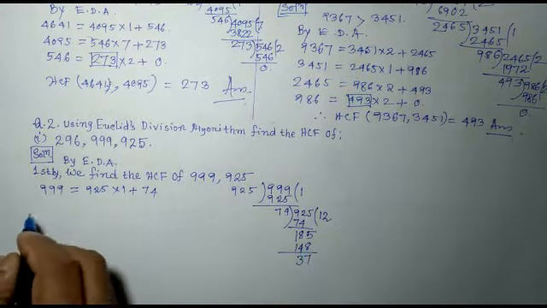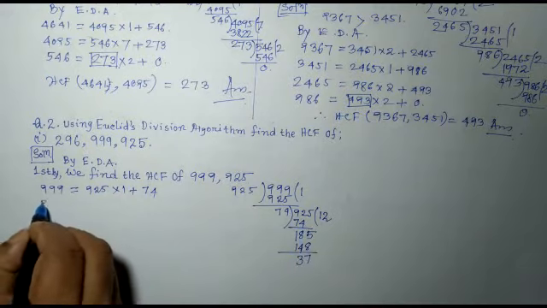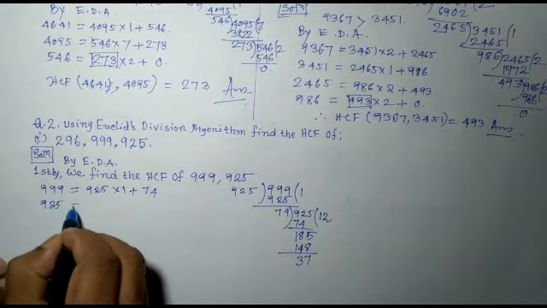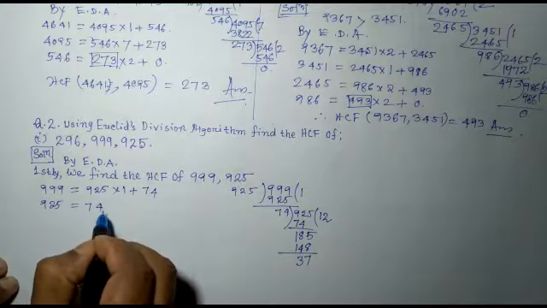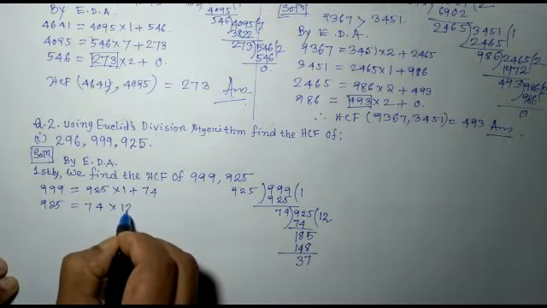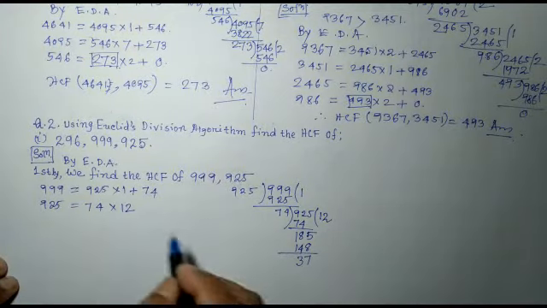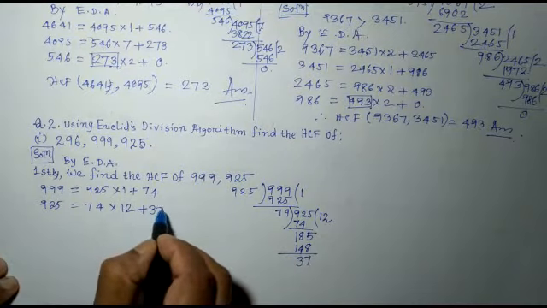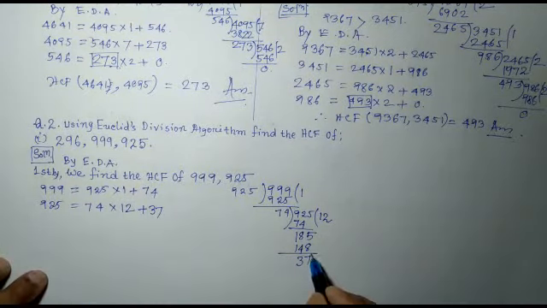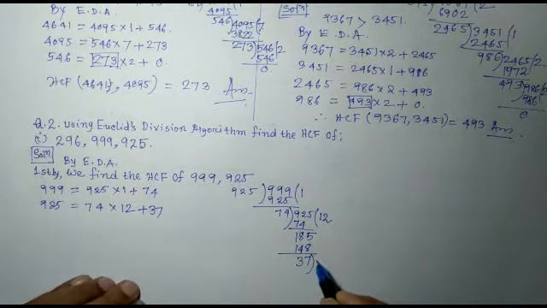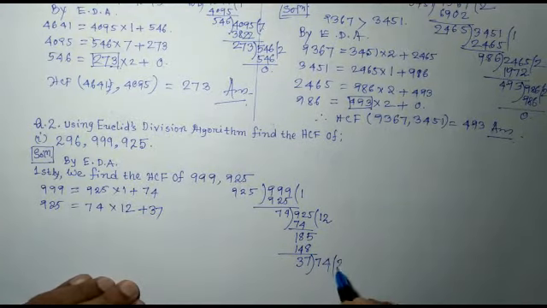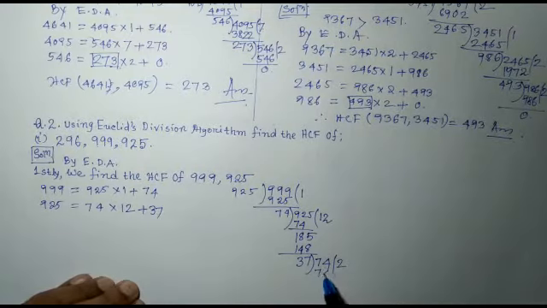So for this division we write the dividend 925 is equal to the divisor 74 into 12, this 12 is the quotient, plus the remainder 37. And by this 37, we will divide the previous divisor 74. See how many times? Only 2 times, it is 74. Subtracting, we get 0.